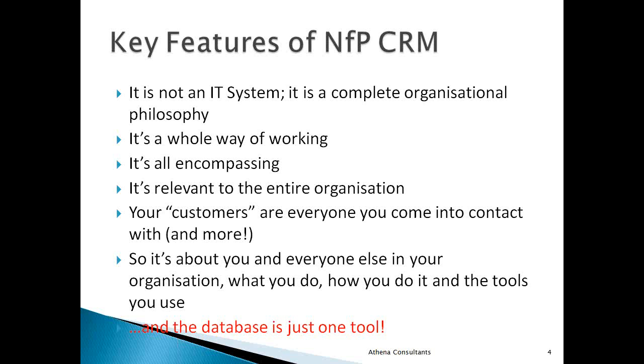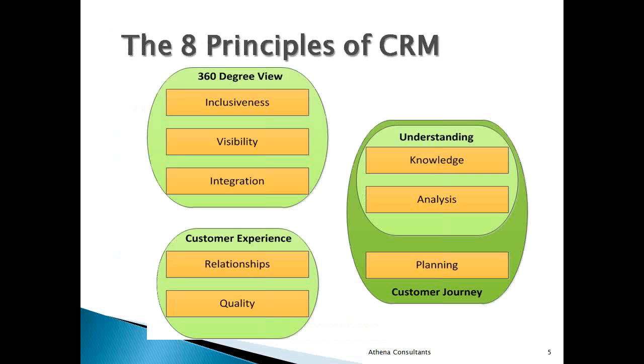Here are what I call the 8 principles. People talk about all sorts of buzz phrases, the 360-degree view, the complete supportive view, all sorts of things like that. Well, these are the principles. You have to have a 360-degree view of your supporters, and that means you have to include every interaction they have with the organization in your data store of some sort.